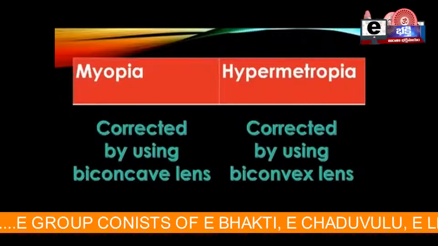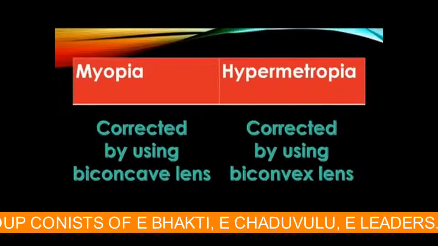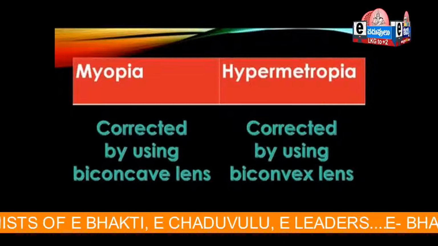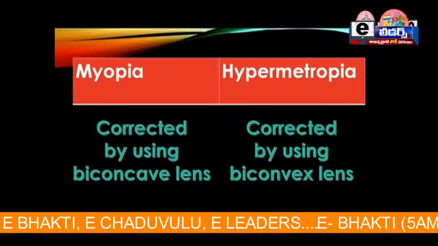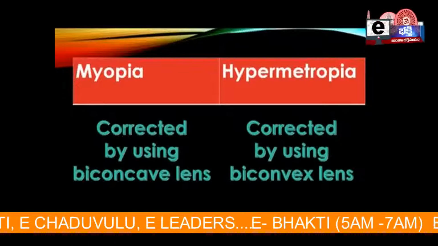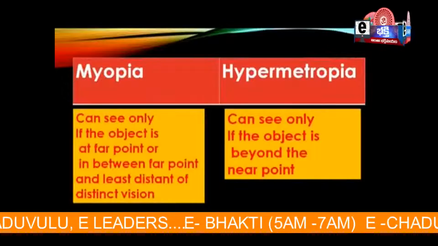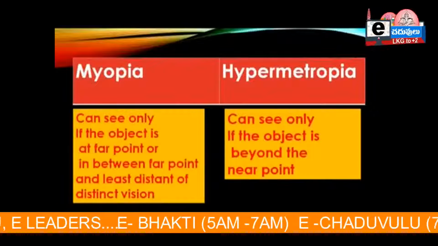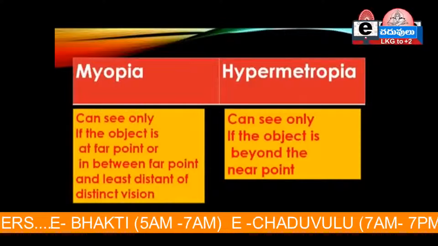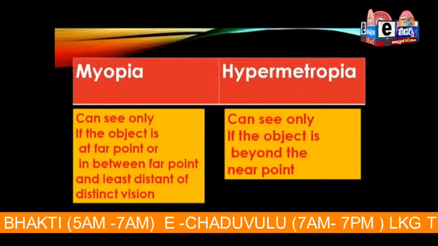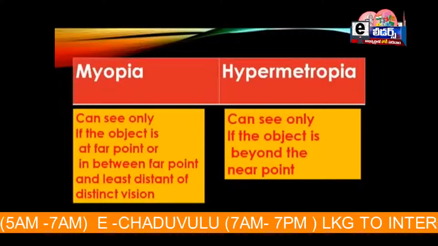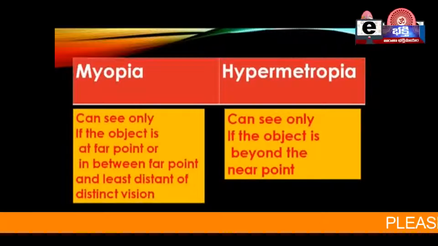Myopia, corrected by using biconcave lens. Hypermetropia, corrected by using biconvex lens. Myopia, can see only if the object is at the far point or in between the far point and the least distance of distinct vision.